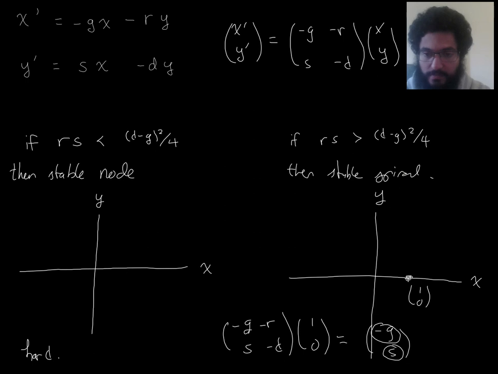Maybe it's more shallow or more steep. I haven't chosen units for y, so I don't know. But it's something like that. That's enough to know that I have spiraling in like that, right? There's no way I can have this velocity vector and spiral in going clockwise.